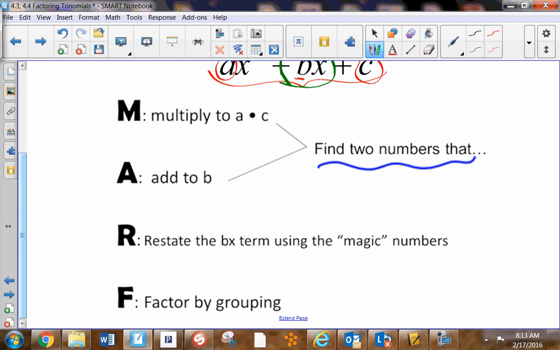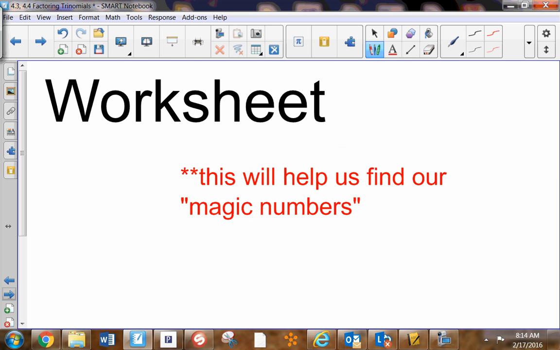So multiply A times C, in other words, find 2 numbers that multiply to AC and add to B. Then R, restate the middle term using the magic numbers, and then factor by grouping. When we start doing examples, if you have another way to think about it in your head, it's the same process. You just think about it differently. And yes, we did that magic number sheet.